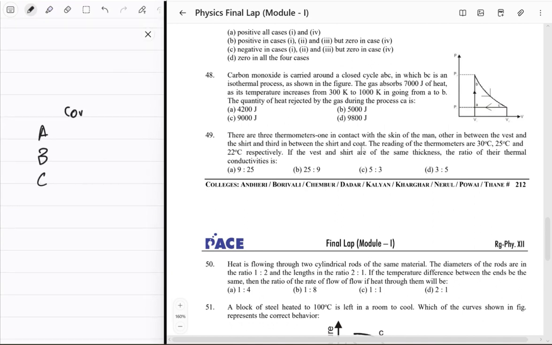Okay, contact. एक स्किन में है. ओके, अदर बिटवीन द वेस्ट एंड शर्ट. व्हाट इज द वेस्ट? ओके ओके ओके, फॉर बिटवीन द शर्ट एंड कोट. सो वेस्ट टू शर्ट का जो रीजन है उसमें है. एंड लास्ट जो है शर्ट टू कोट का जो रीजन है उसमें.